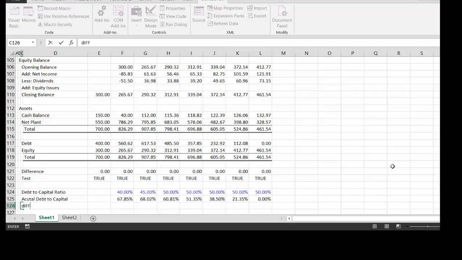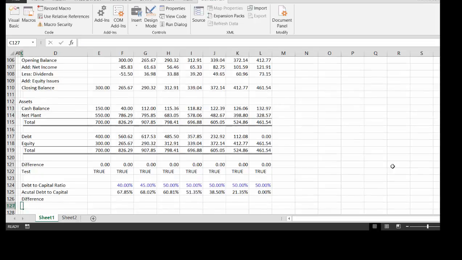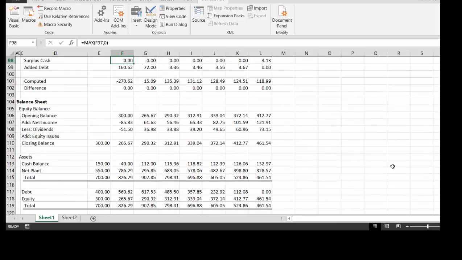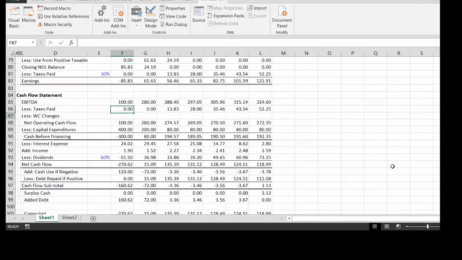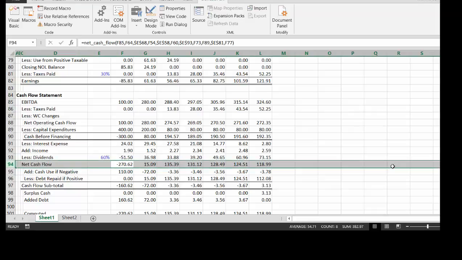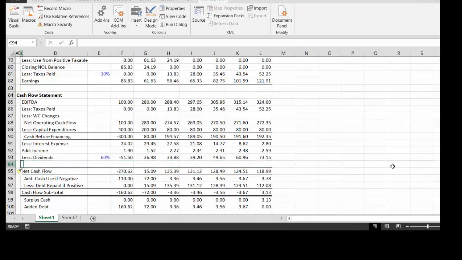We could put difference, and then once we have the difference, Shift Control R I hope works, and then we could make a goal seek to make that difference equal to 0 by adding a line item here for add the equity issues or buybacks.